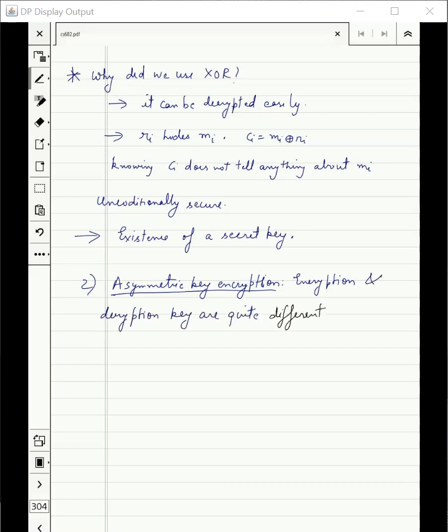And I'm sure you know one example of asymmetric key encryption. Can you give me one? This is also called public key cryptography.